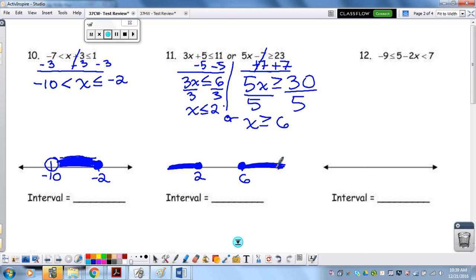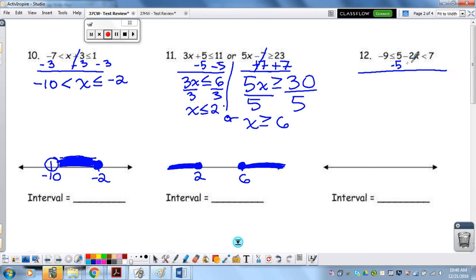Okay. Number 12. Number 12 is very similar to number 10, and the fact that you don't see the word and, you don't see the word or, you just have the letter in the middle. We know we're not going to be freaked out about stuff that looks like this. We still need to make sure that you isolate the variable, which is in the middle, so you work from your middle out.